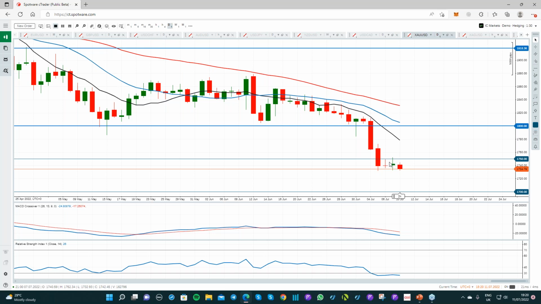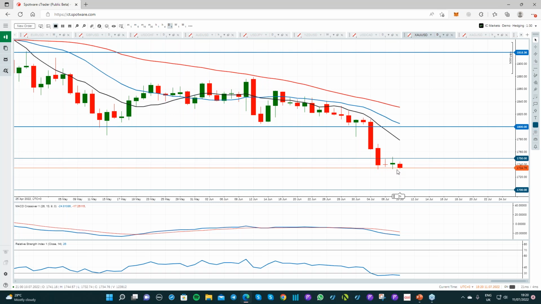Now, in terms of indecision, that doesn't mean we can't trade. It just means we have to plan what we're going to do when that indecision breaks out. So what I could do is I could have an order at the bottom of one of these indecision candles. Let's say this one, because it's the most recent one. I could have a stop loss at the top of the candle, which is above my horizontal level of resistance.